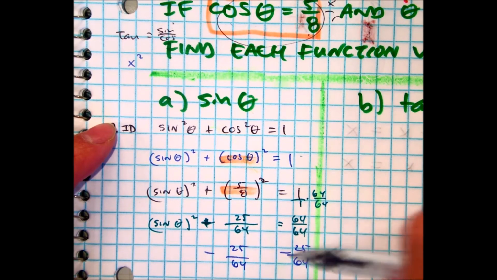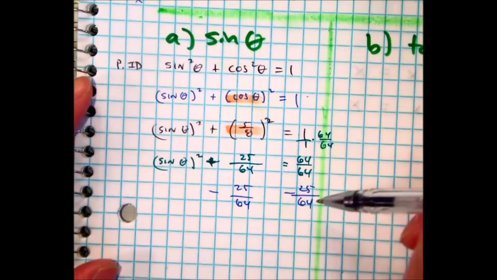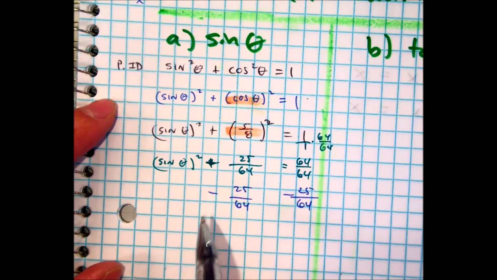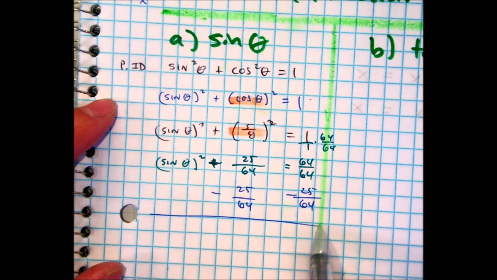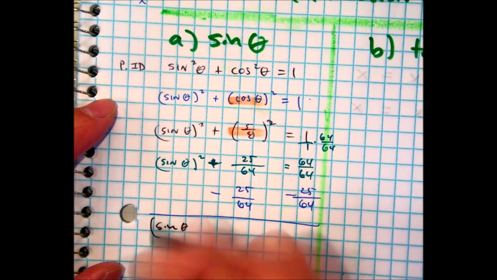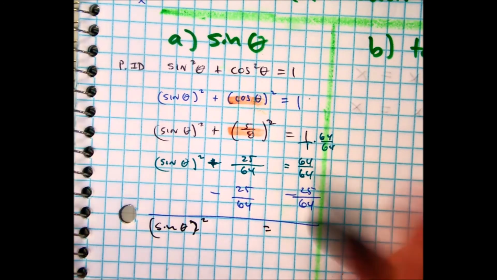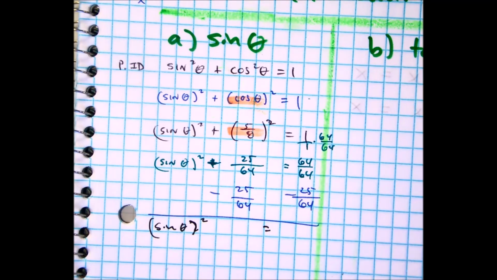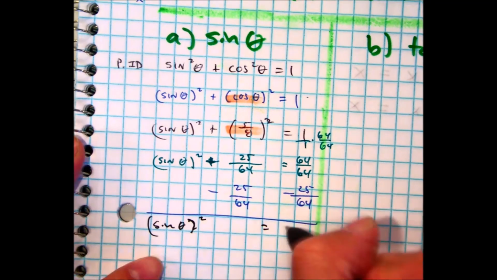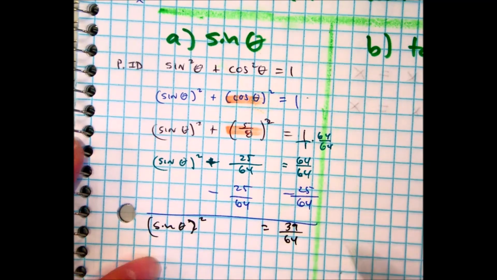Instead of saying 1 minus 25 over 64, that's essentially 64 minus 25. So I have sine of theta squared equals 64 minus 25. I get 39 over 64.